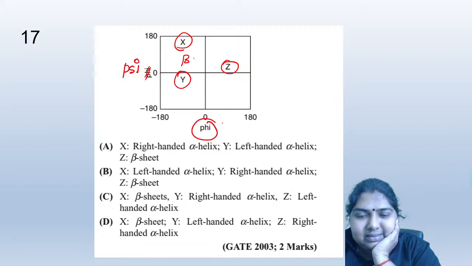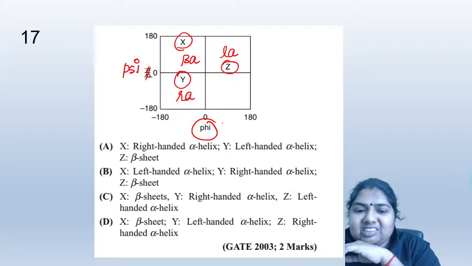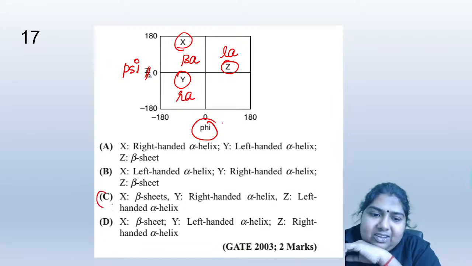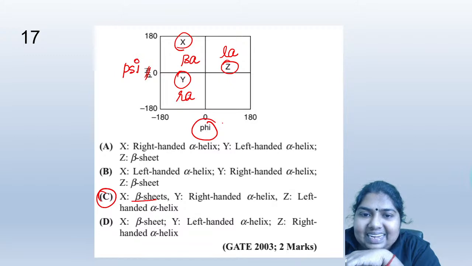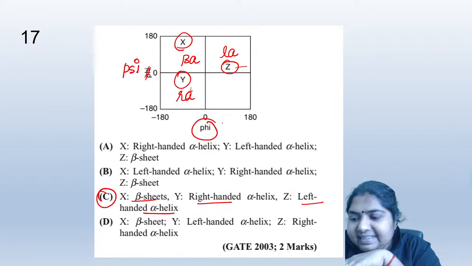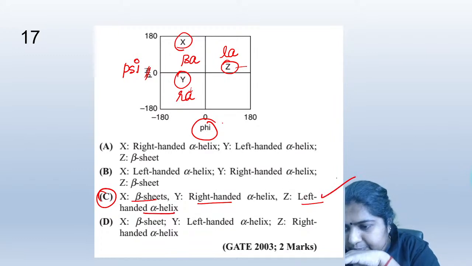So x is beta. And what is y? Y is right-handed. Okay. So y is right-handed. And what is z? Left-handed, it is going to be your z. C is going to be the correct answer.